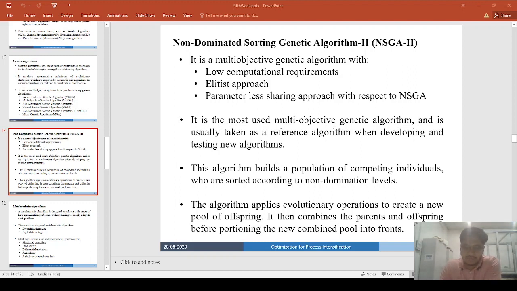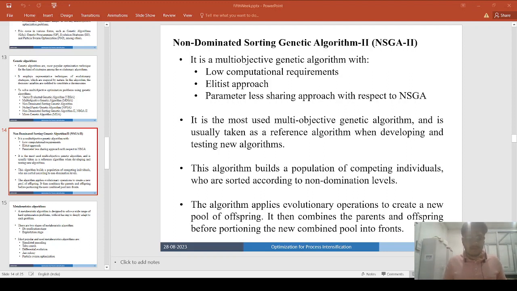This algorithm first builds a population of competing individuals, here potential solutions, who are sorted according to their non-domination level. They are sorted to find which of these potential solutions are the non-dominating optimal solutions, meaning there is no better solution than those for the given set of objective functions.